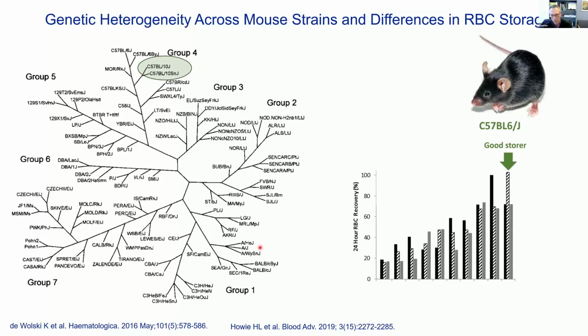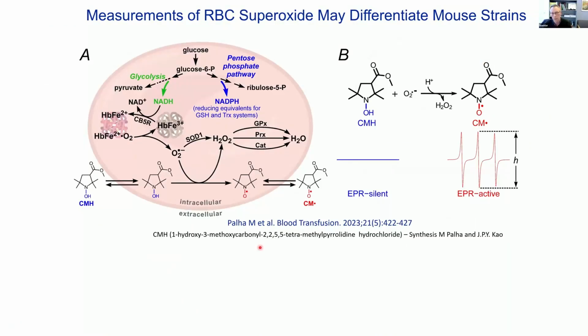You can recover almost all of their red cells after a transfusion. Whereas if you took, for example, an FVB/NJ mouse, these mice store very poorly. There's actually an interesting reason for this. FVB mice are high expressors of STEAP3, especially within their red cells, which is a ferroreductase, which leads to increased reactive oxygen species within the red cell itself. And we've looked at this with Joe Gao here at the University of Maryland.